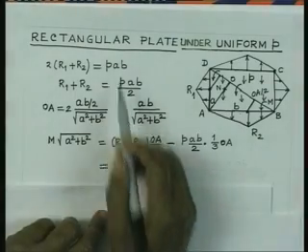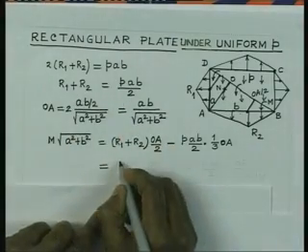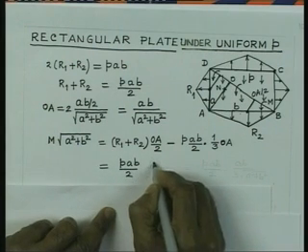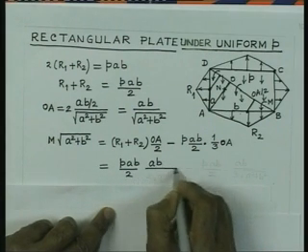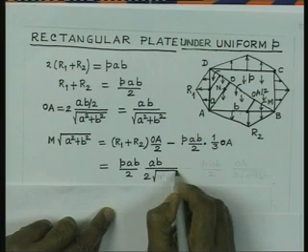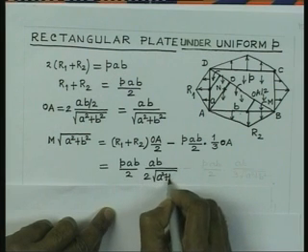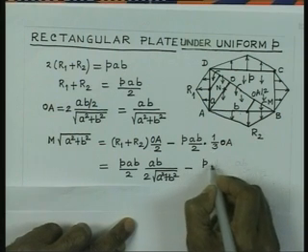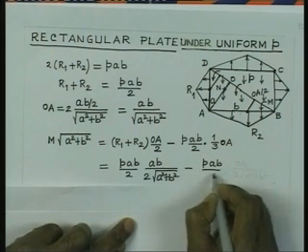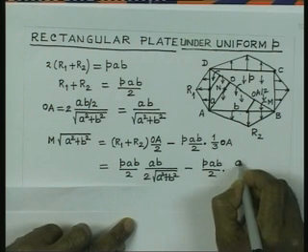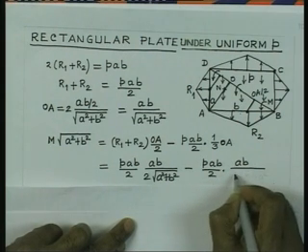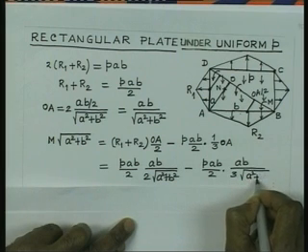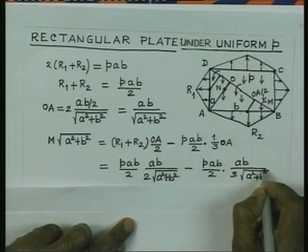Finally, if we substitute the values of R1 and R2, R1 plus R2 is nothing but PAB by 2. So, we have PAB by 2 into AB by 2 into square root of A square plus B square, minus PAB by 2 into AB, this is 3 A square plus B square.